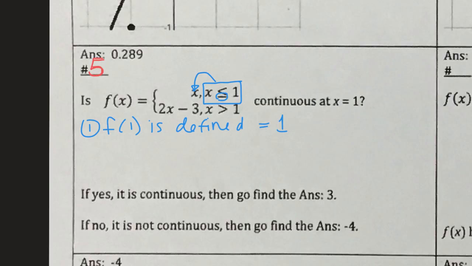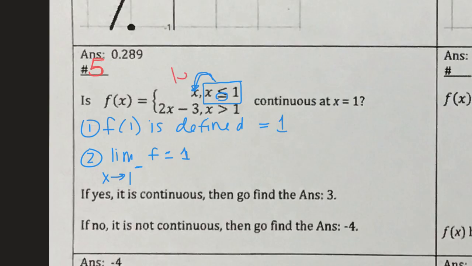Now, how about the limits, right? This is going to be our determining factor. Of course, the limit as x approaches 1 from the left of our function is just 1. That's the y value that we're talking about here. So if we're looking at the left of 1, then you're looking at y equals x. So there's the limit from the left.